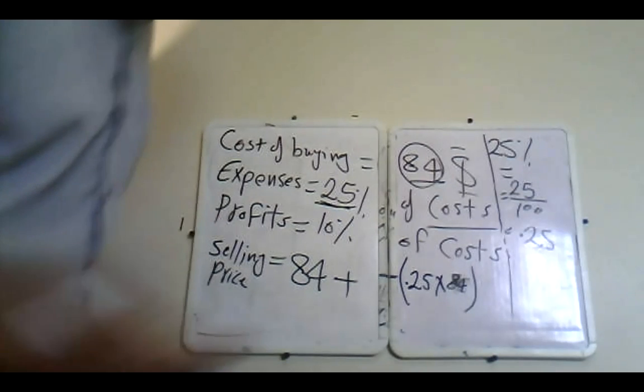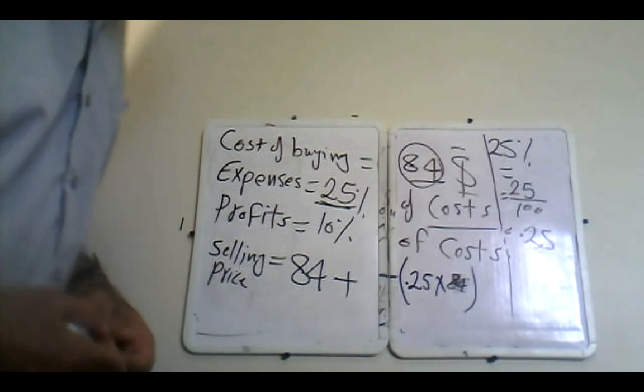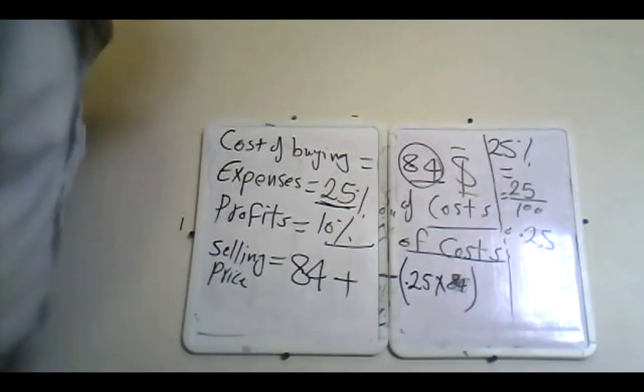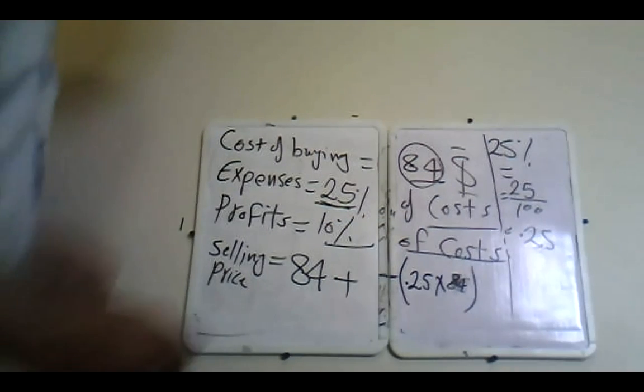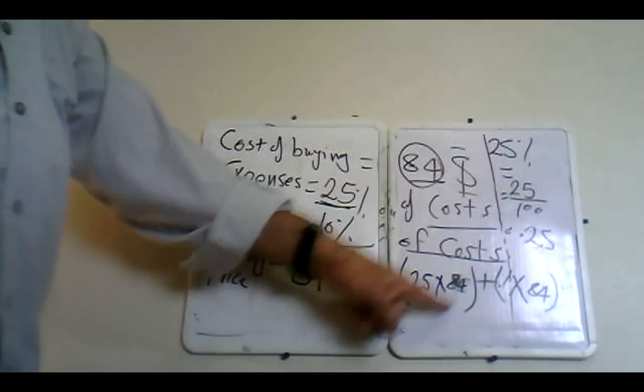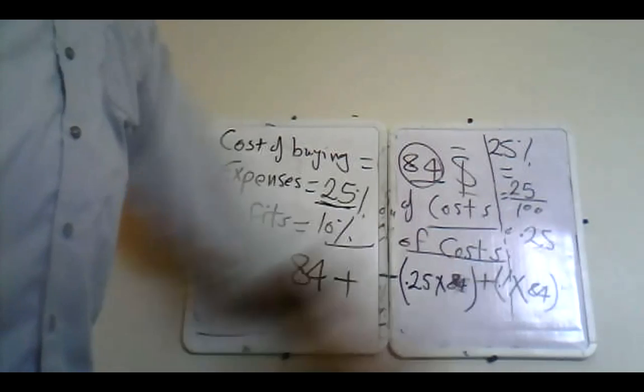The seller will decide for himself a profit 10% of the costs also. So that means plus 10%, 0.10, or 0.1, 0.10 is the same, 0.1 by $84. This is the third sum. So we have the $84, 0.25 of $84, and 0.1 of $84.